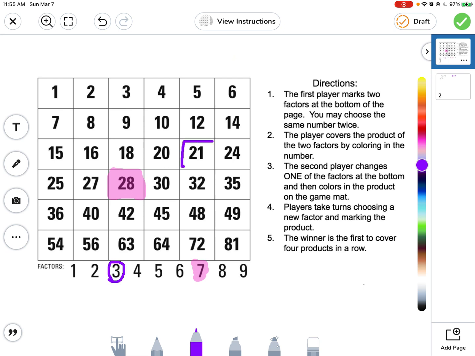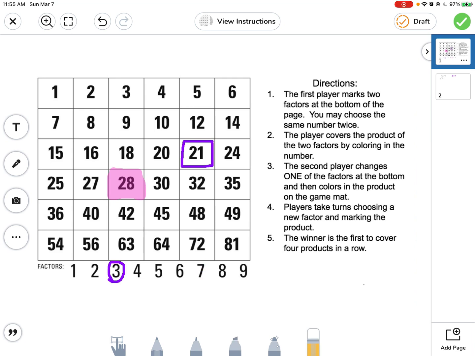So they're going to color in this one. If you want to use the highlighter and keep switching, I just didn't want to have to keep switching. So they've gotten that fact. Now it's my turn again. I can choose once again to move either the 7 or the 3.